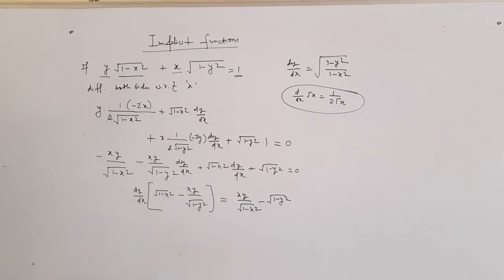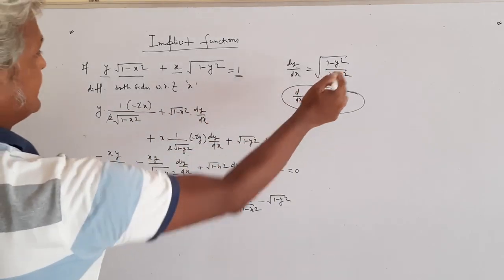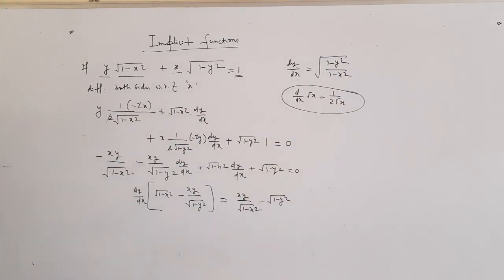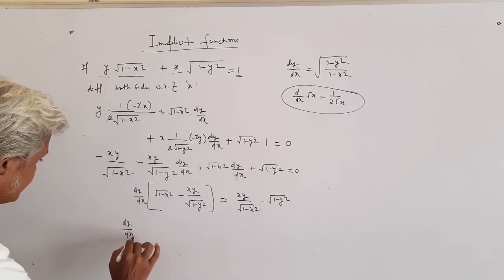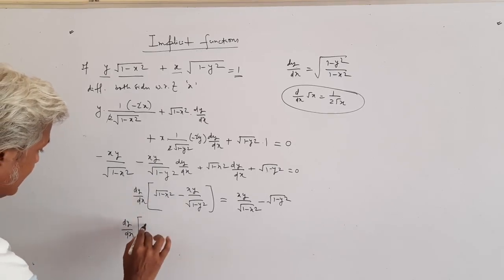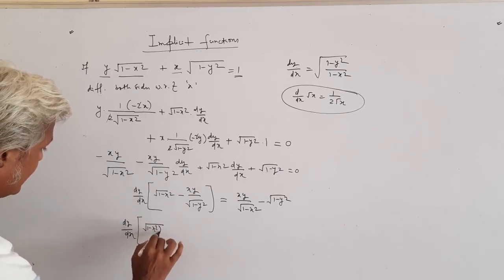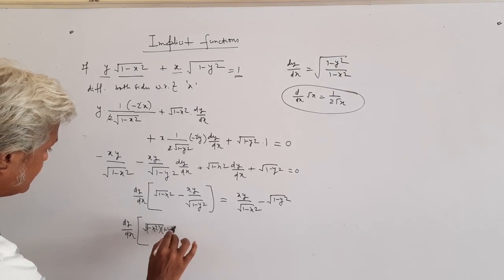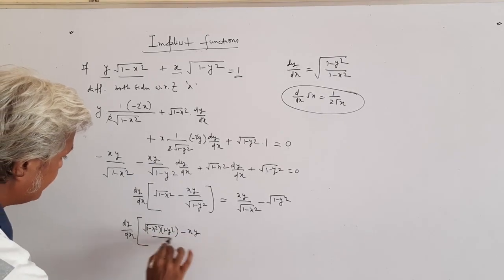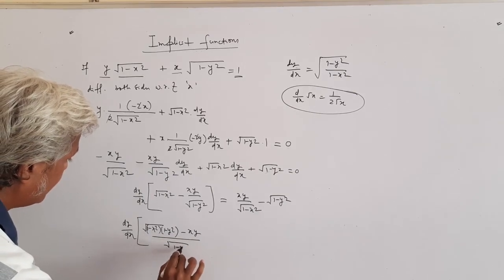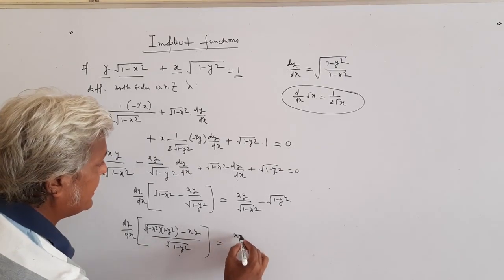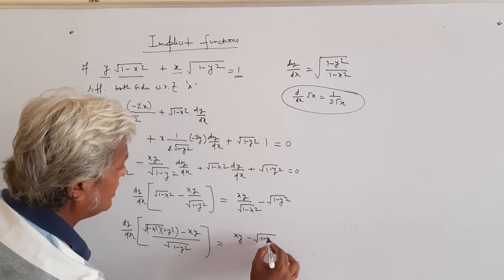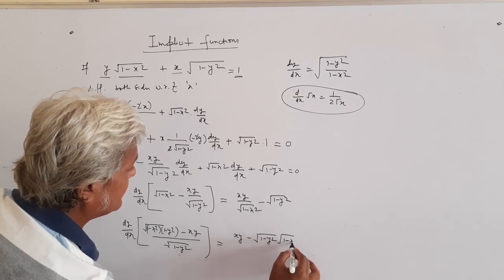So now even if you do whatever, you cannot find the answer coming right away, because it looks very weird. But let me continue. So this dy by dx multiplied becomes under root 1 minus x square, 1 minus y square, minus xy upon under root 1 minus y square, and here this will become xy minus under root 1 minus y square, 1 minus x square.